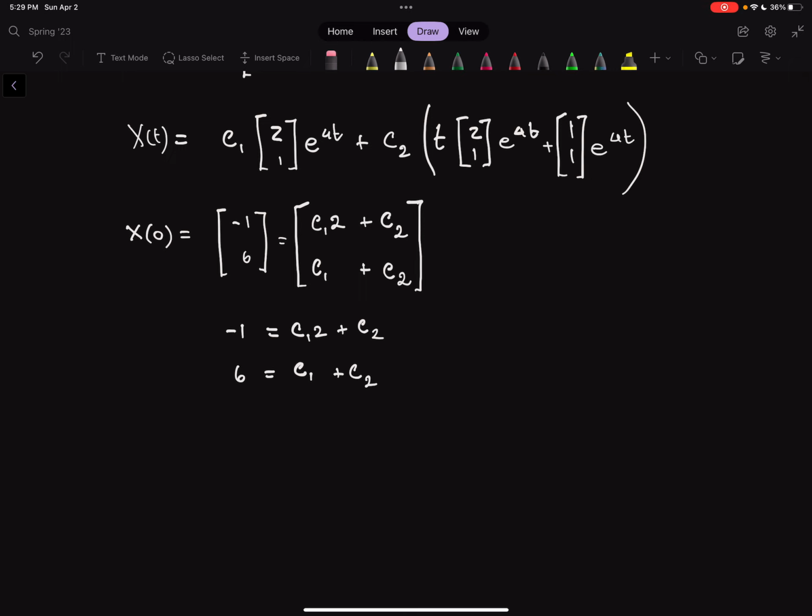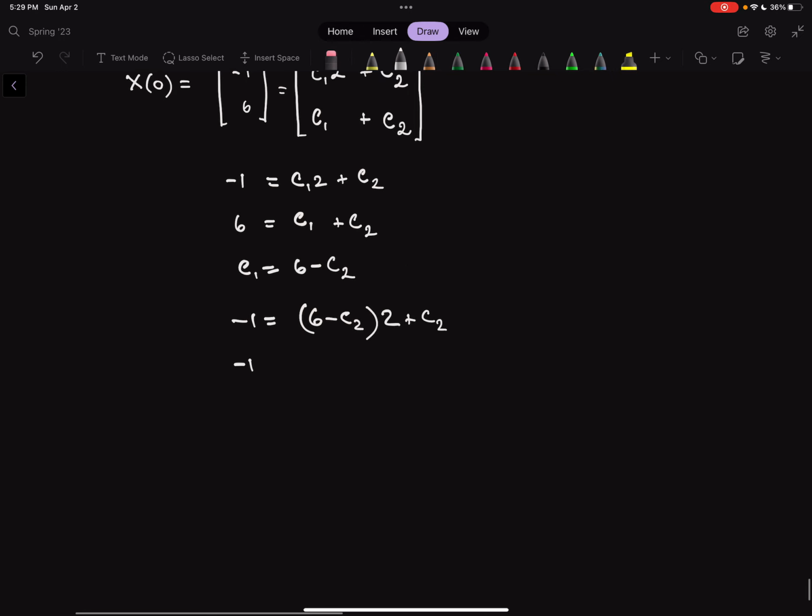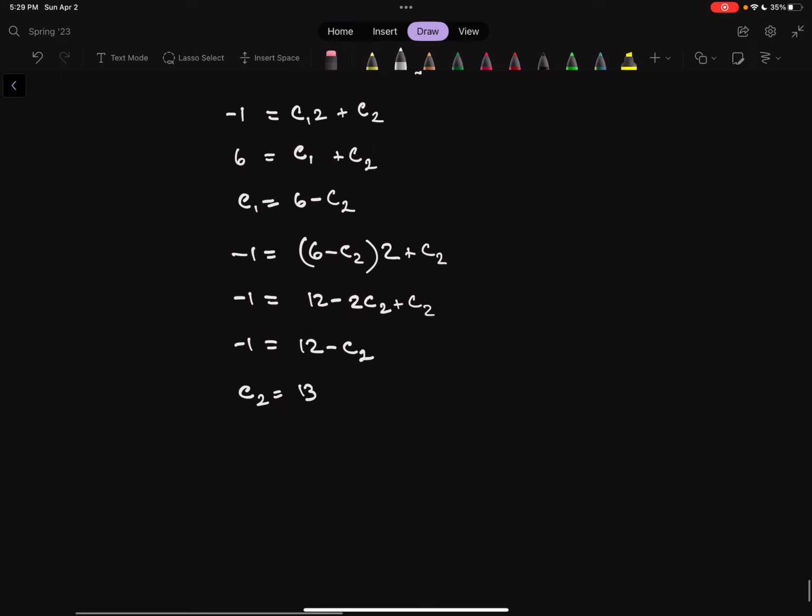So I can say that C1 is equal to 6 minus C2, which means that -1 is equal to (6 minus C2) times 2 plus C2, which is equal to 12 minus 2C2 plus C2, which is equal to 12 minus C2, or C2 is equal to 13.